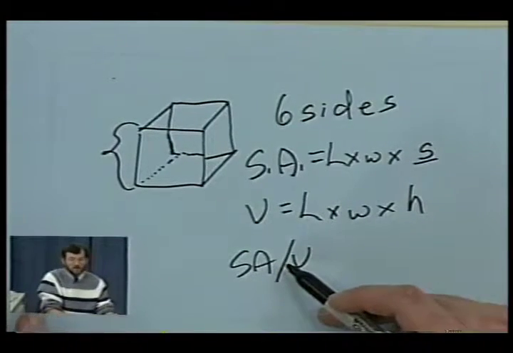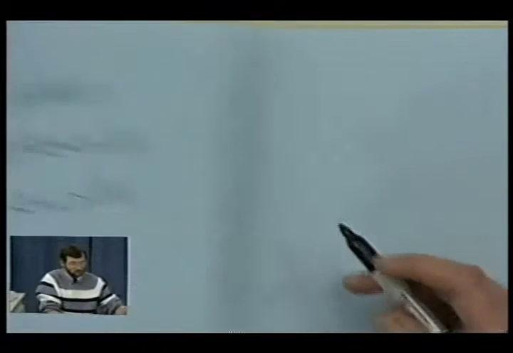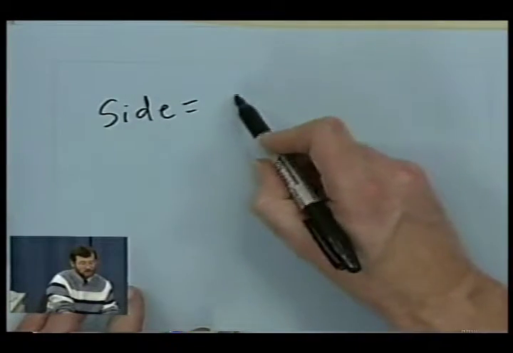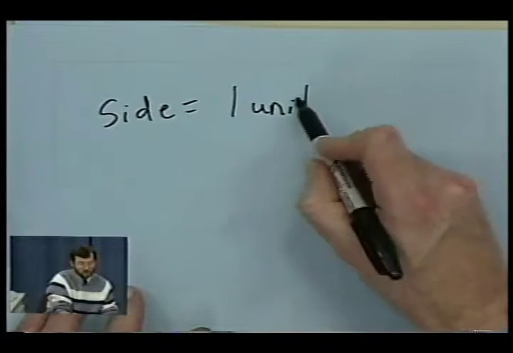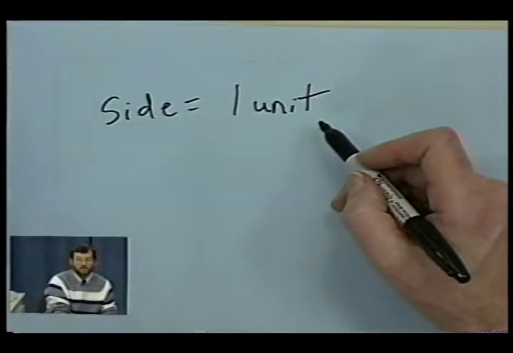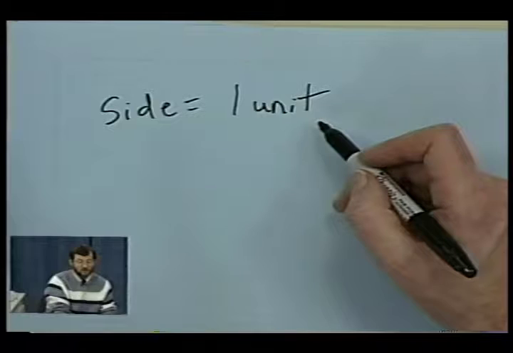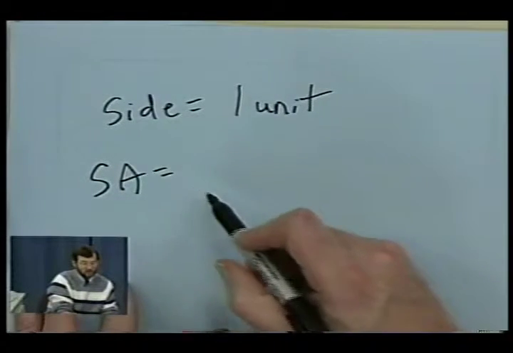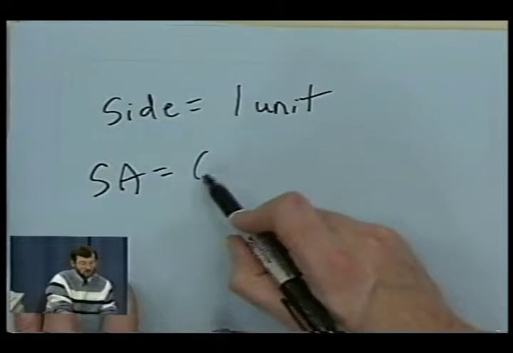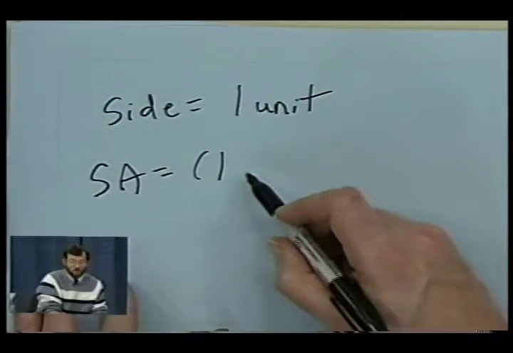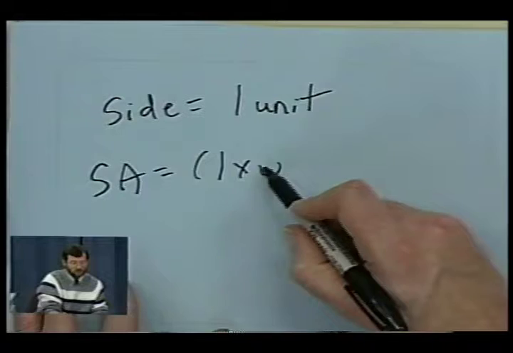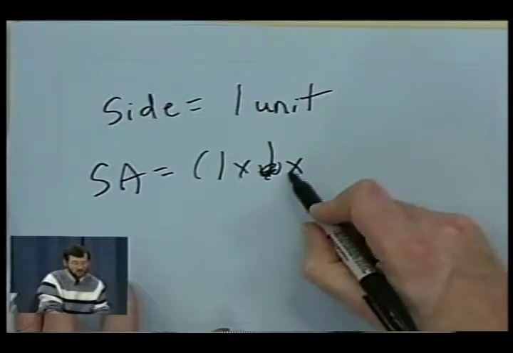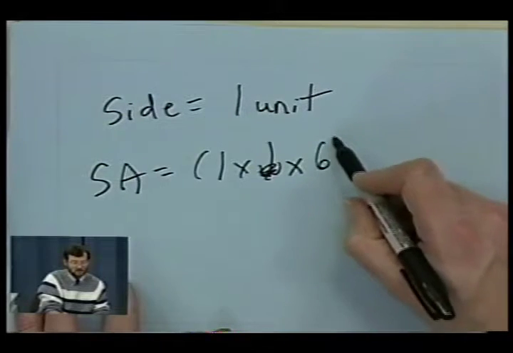Okay, if we start off with our cube so that the side is equal to 1 unit, whatever unit we want to make here. It doesn't matter right now, we're just going to say it's 1 unit. If that's the case, then our surface area is going to be equal to length, which is 1, times width, which is 1, times the number of sides, which is 6.